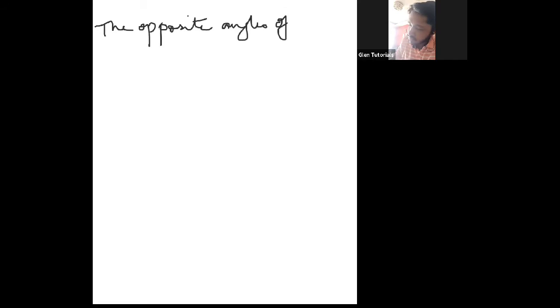Let me take an example. I'm writing it down here. The opposite angles of a parallelogram are congruent.